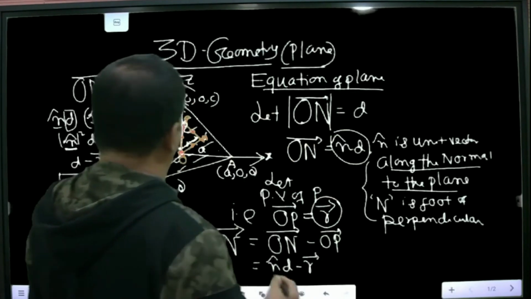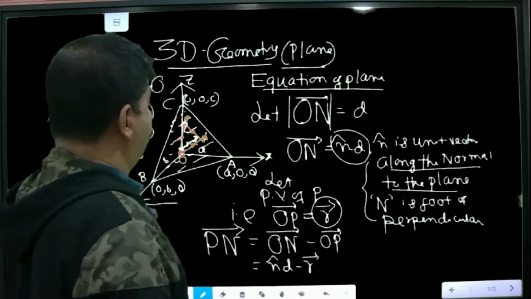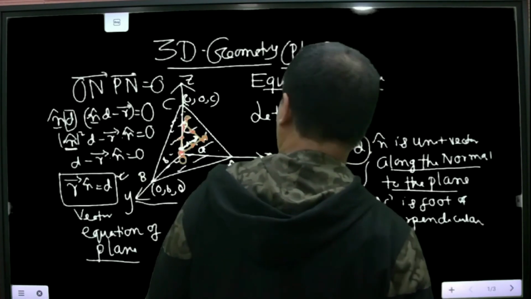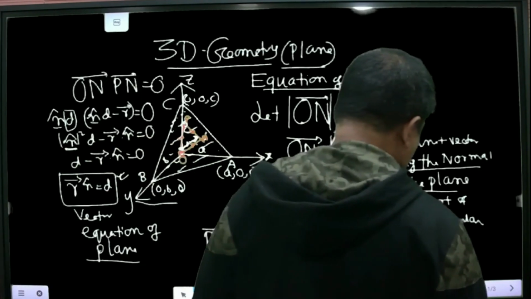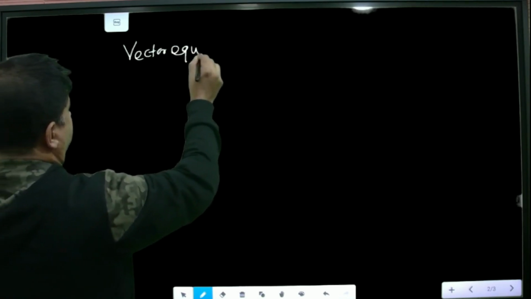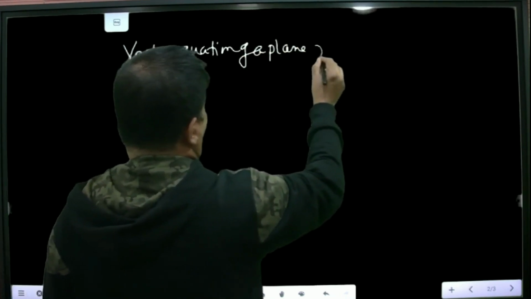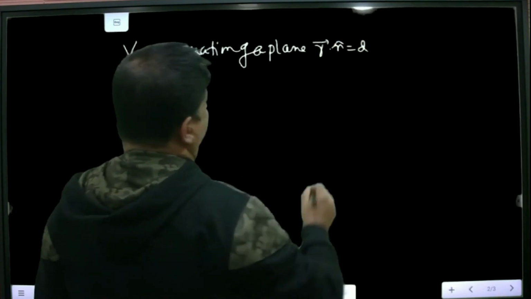Few minutes back, you have come to know that perpendicular distance is D. So, vector equation of a plane, we have got R dot n cap is equal to D.